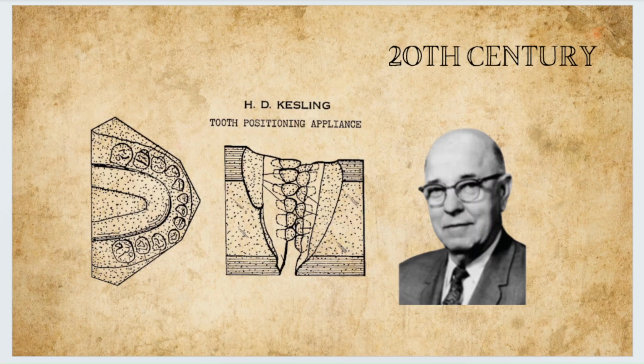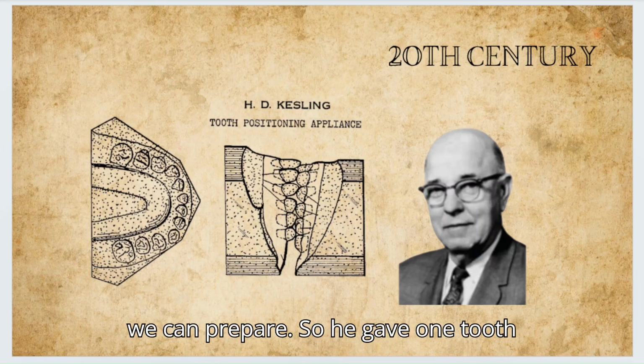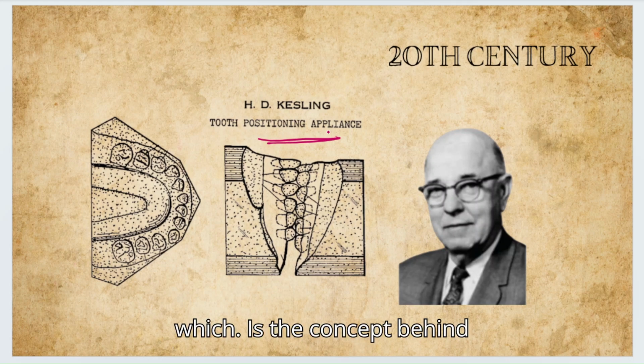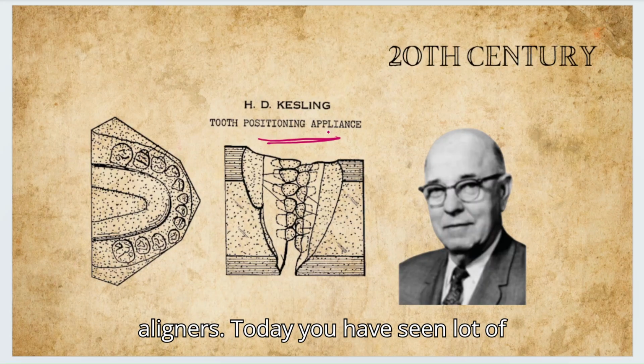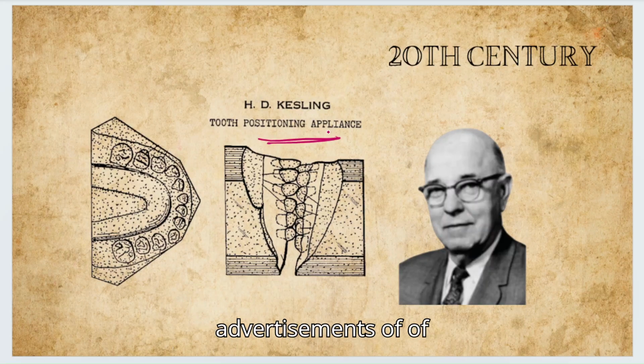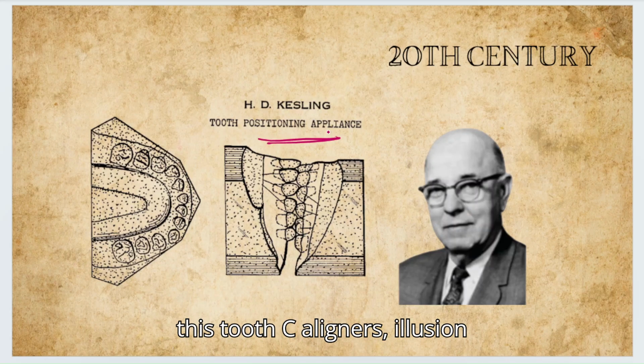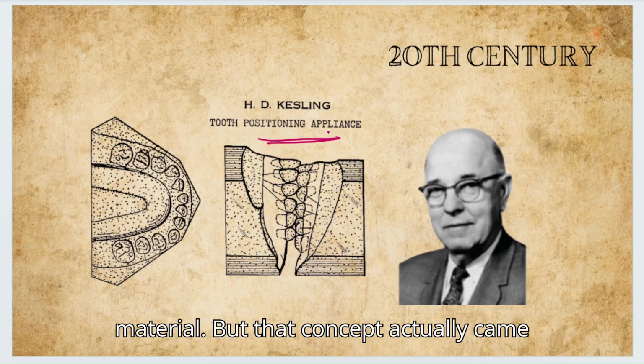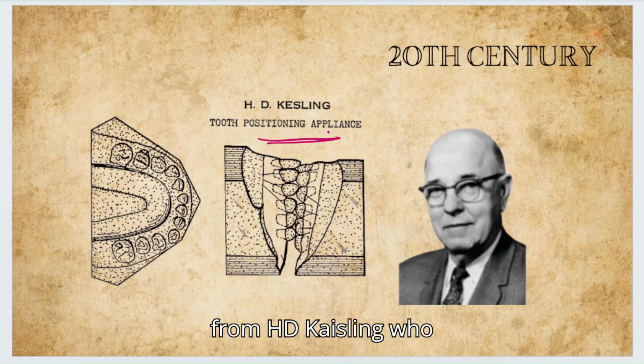He gave the tooth positioning appliance, which is the concept behind aligners. Today you have seen a lot of advertisements of these aligners. They use a very transparent material, but that concept actually came from H.D. Kesling, who proposed this tooth positioning appliance.